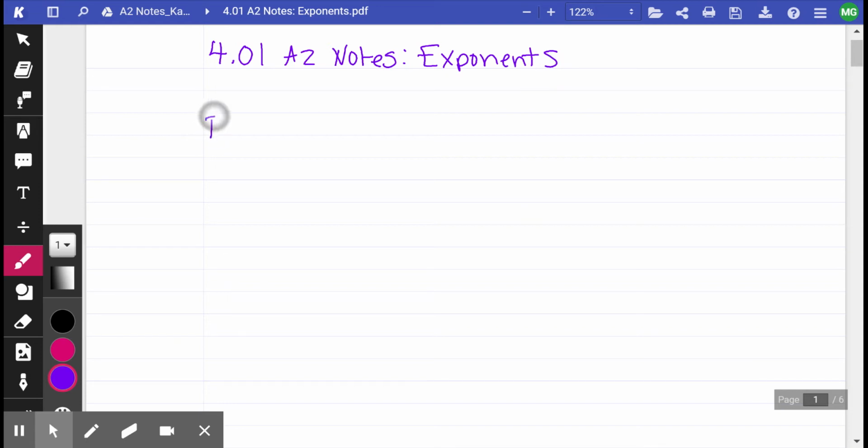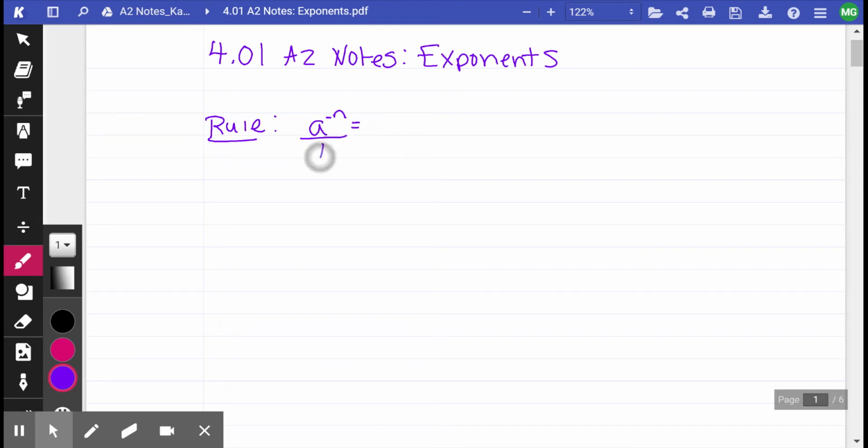So the first rule is about negative exponents. You're never allowed to leave a negative exponent in your problem. So you would take a raised to the negative n power, and whenever you see a negative exponent, it means you're going to take the reciprocal.